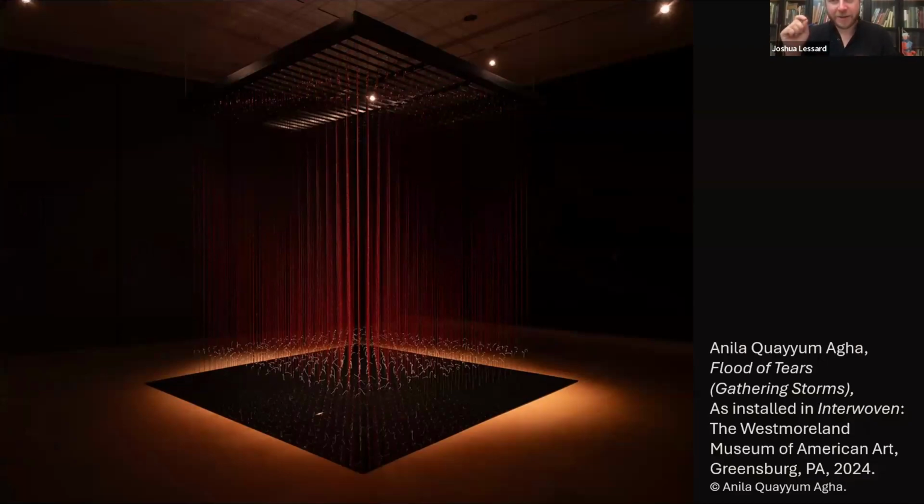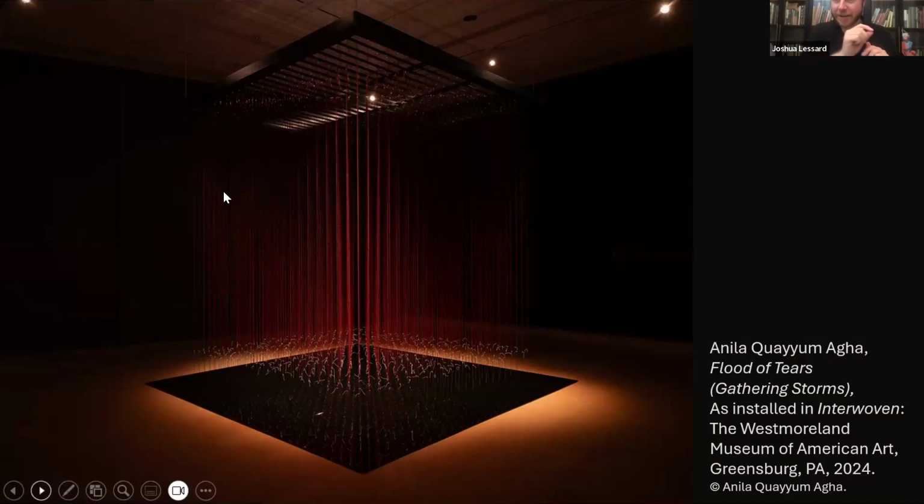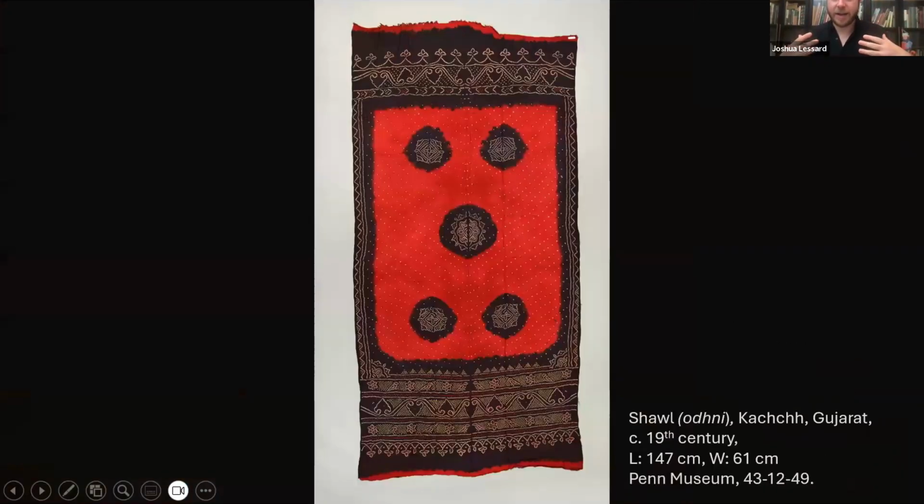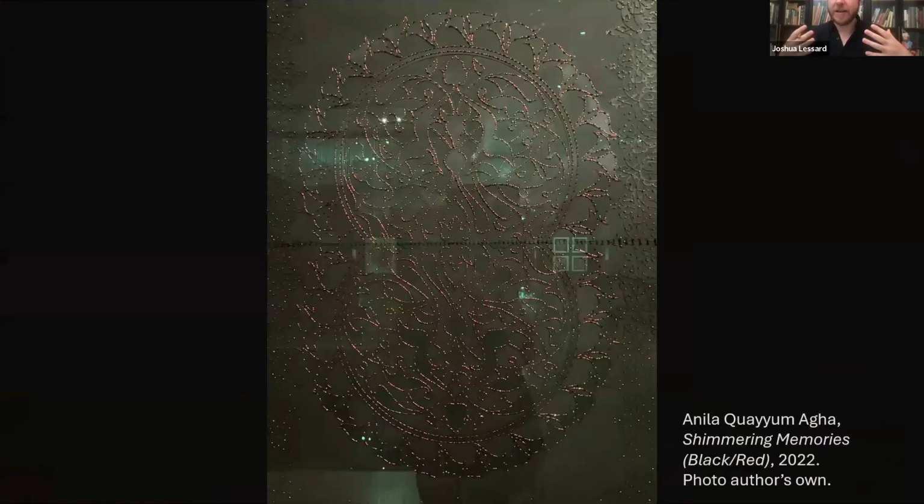The other thing you mentioned, when you mentioned Shimmering Memories, is the stitching across the center of the piece. I wanted to draw people's attention to a detail in the show: a lot of these works become very heavy when Anila embroiders or stitches on the actual paper piece, and she's also dipping them in wax, using a many-layered process. The work gets very heavy.